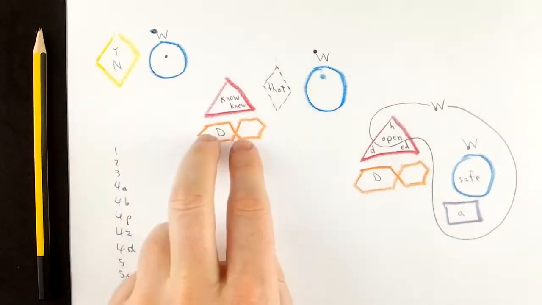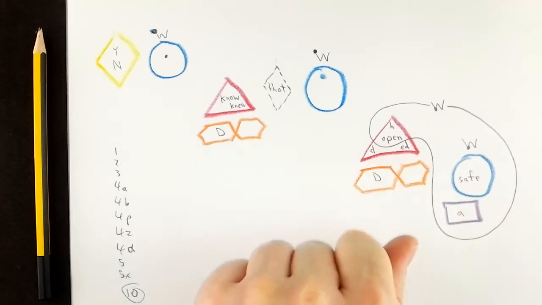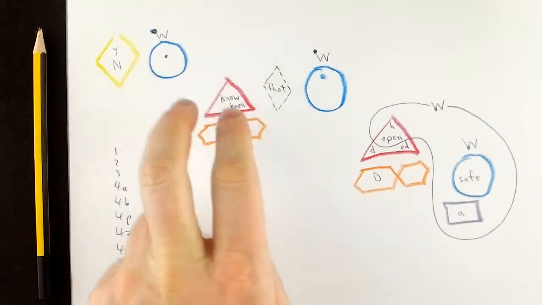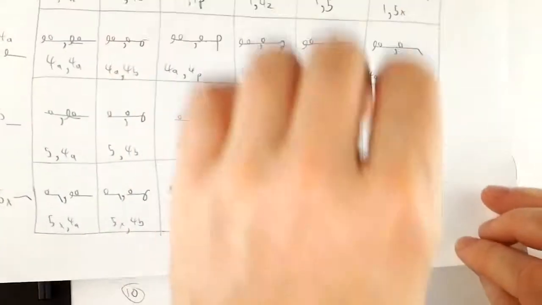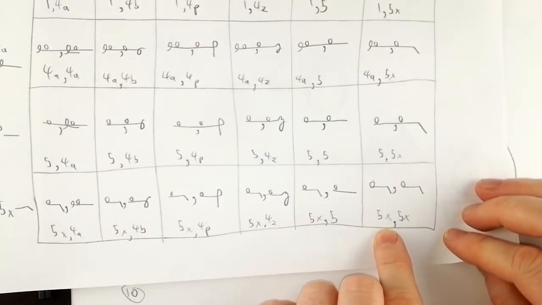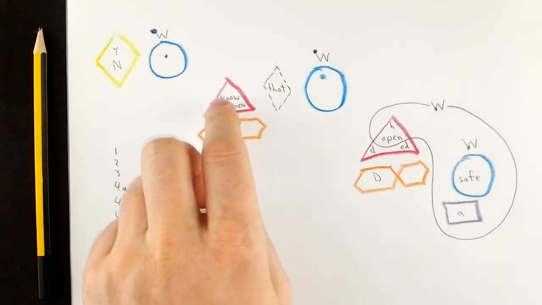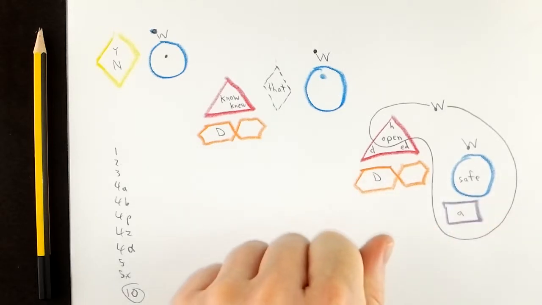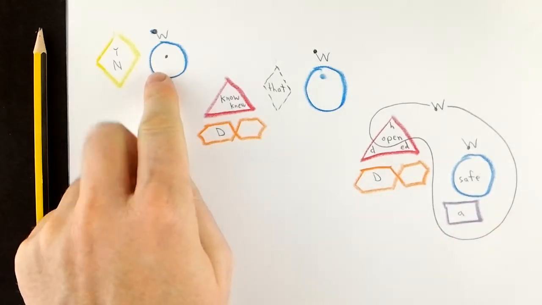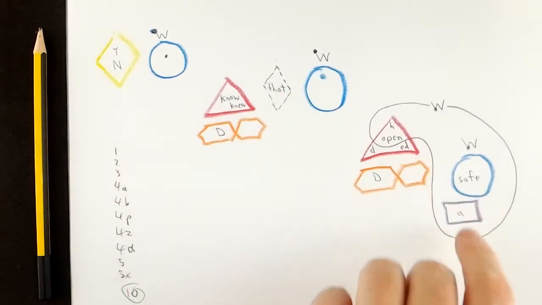They didn't know he opened a safe. Last one, number 5X. They didn't know he didn't open a safe.